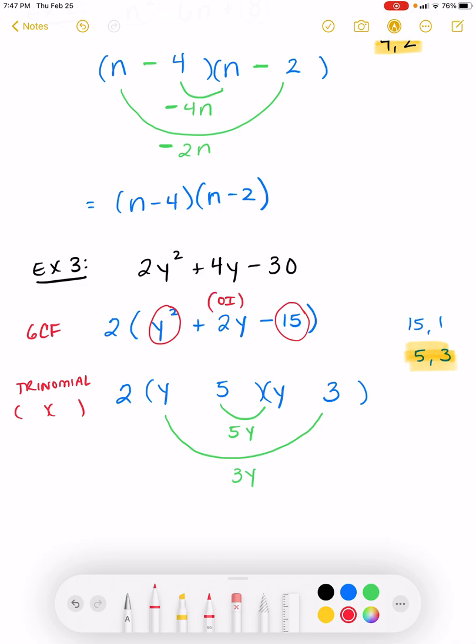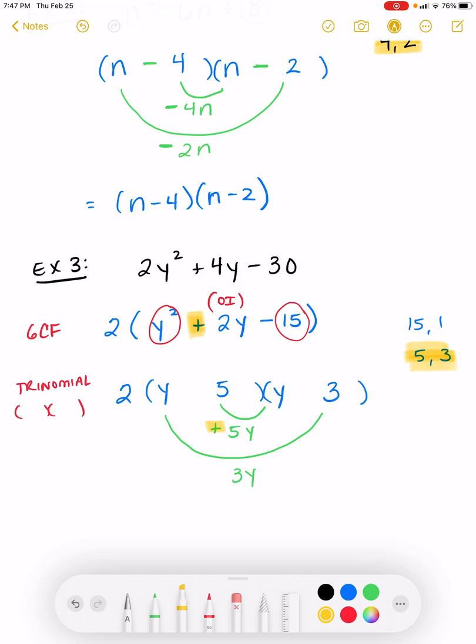All right, let's talk about that rule we just said. If this middle term is a positive, you know right away which term needs to be the positive, and that's the bigger one. To make that middle term positive, it's the 5y right here that needs to have that same sign. Let me highlight this in yellow so you can see. The middle sign will always be the sign of the bigger term.